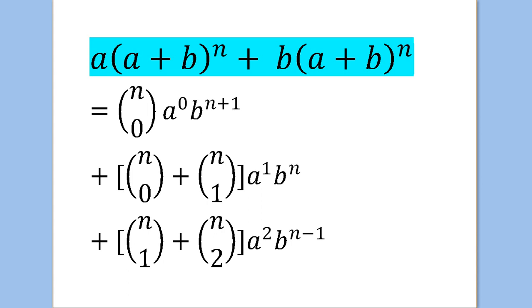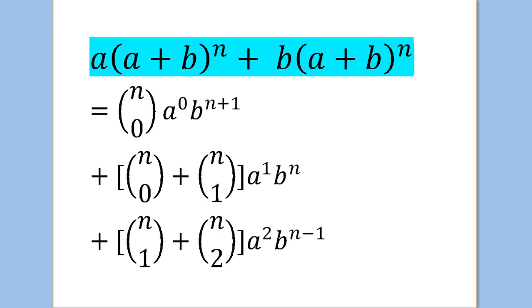So the power of a and the power of b always add up to n plus 1. That's no accident. The power of a is the number which is the k value for the second component on the left hand side.